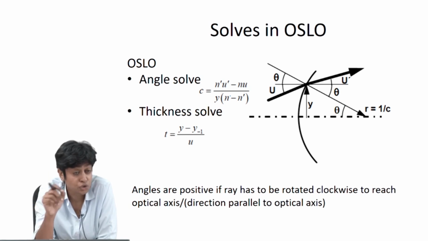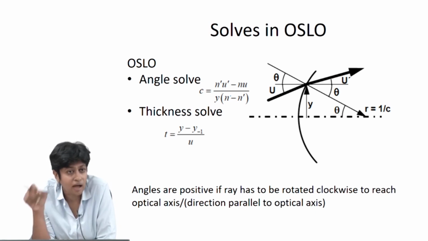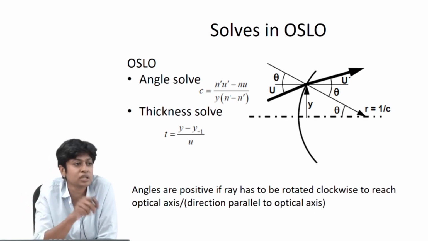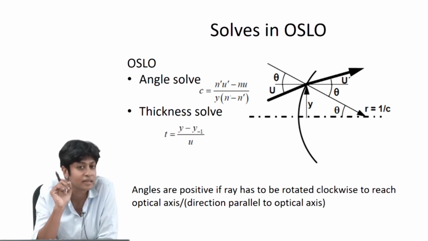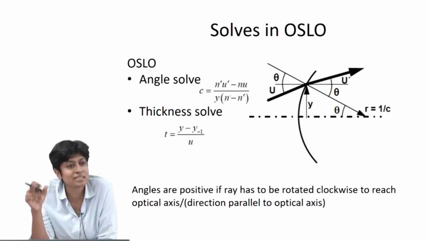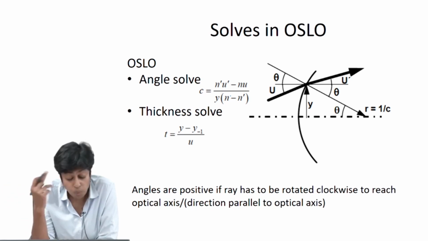So you are going to say this is the angle I want to have. In order for it to have this angle after this surface, what should the curvature of the surface be? So rather than go to the column where you enter radius of curvature and enter a value directly, you will say choose the curvature, give me the value of curvature such that the ray has this angle afterwards. Why would you do that?